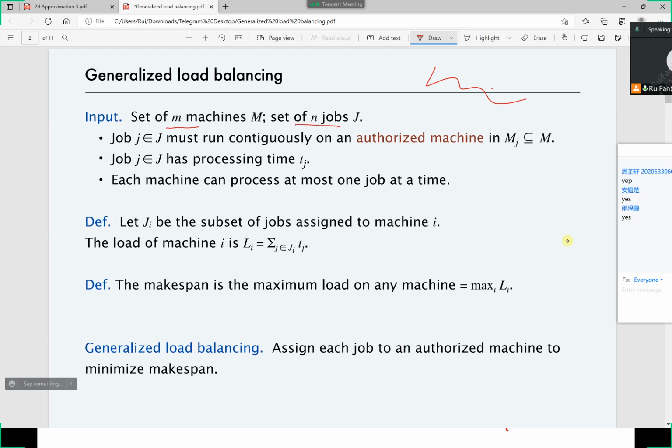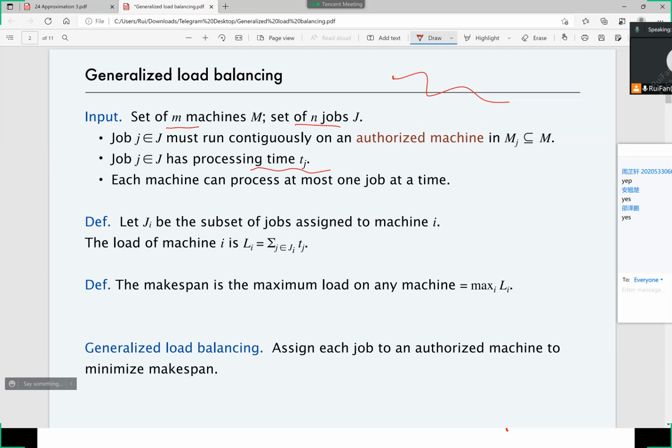There's a huge amount of lag here, but anyways, again we're trying to schedule these jobs onto the processors, and our goal is to finish processing all the jobs as quickly as possible. All the jobs still have a processing time. Let's say job j has a processing time tj. Also, each machine can only do one job at a time.